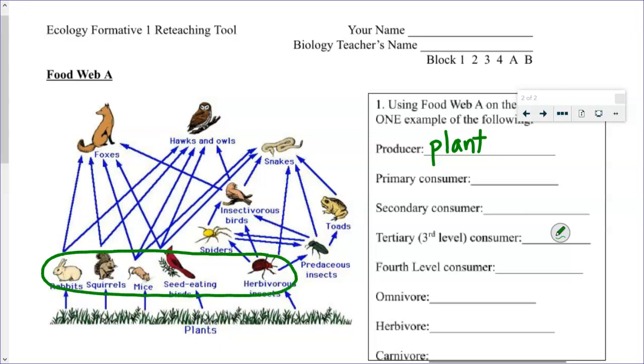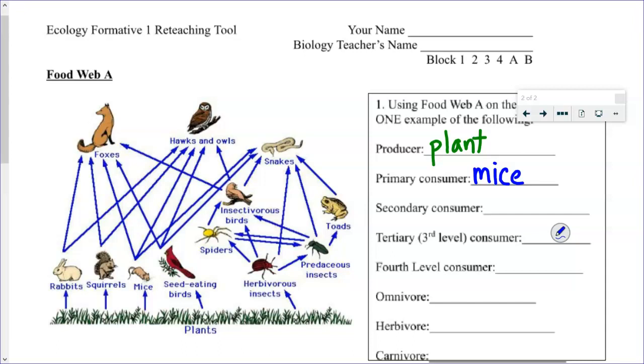Remember, primary means first, consumer means to eat. So when we're looking for a primary consumer, we're looking for the very first animals that are eating. So I could write a bunch of examples here, right? The rabbit eats first, the squirrel eats first, mice, birds, herbivorous insects. All of those would work. I'm going to choose the mice. That's an easy one.